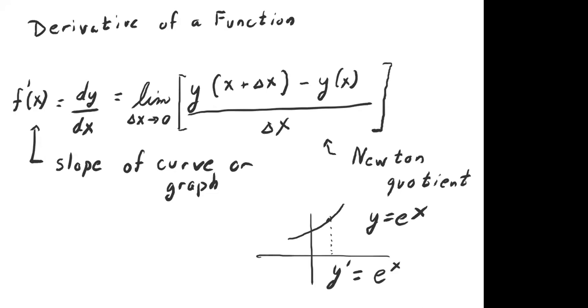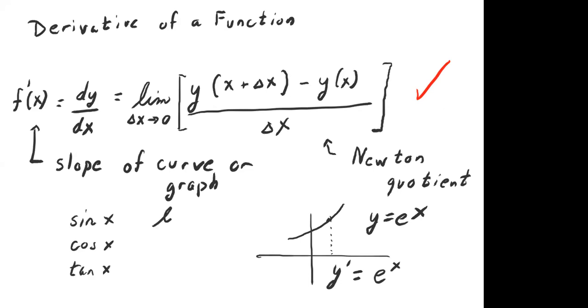Now, this is fun. And again, you know how to do these derivatives. I mean, when you calculate the derivative of a function, you don't go and do it this way. You don't evaluate the Newton quotient and then take the limit. Numerically, you could do that, but if you do it analytically, that's not how you do it. What bails you out is you spend a lot of time in elementary calculus studying rules to take derivatives of a set of functions.